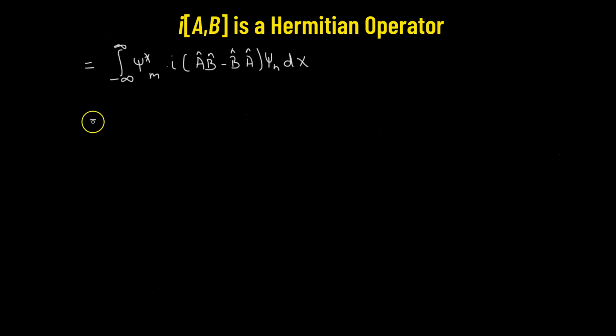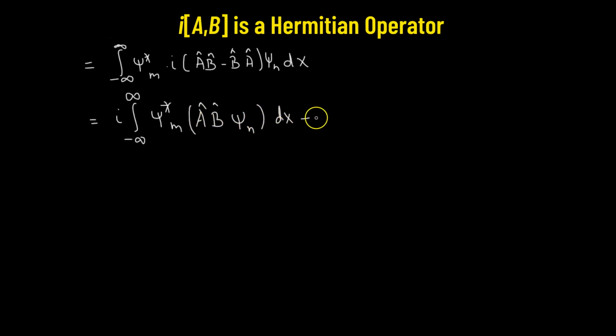Now we can expand this integral. We have i, which is just a number, so that will be multiplied to the integral of psi star m times the operator AB operating on the eigenfunction psi n dx, minus i times the integral of psi star m times BA operating on psi n dx.